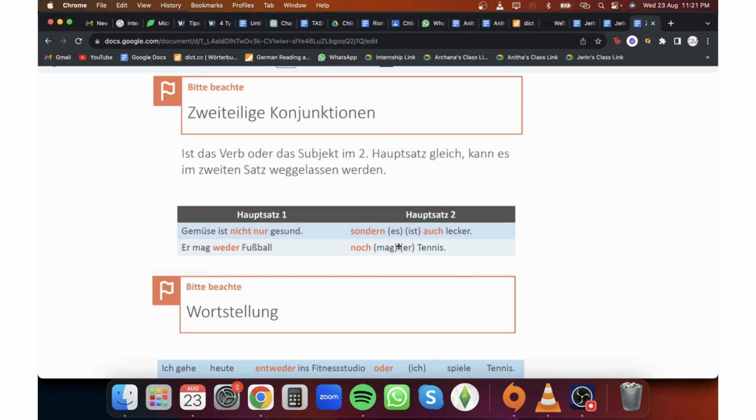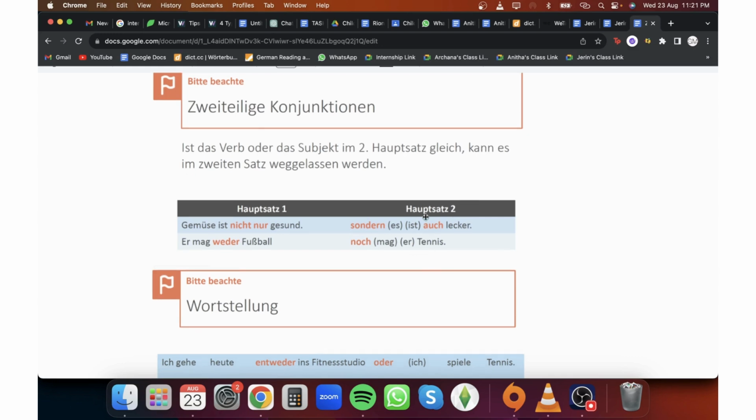But notice here the verb comes first and the subject comes second. So it's the opposite. Here the subject was coming first, verb second. And you have to learn these. It's not like, we are writing them in brackets, we don't need to write them, so we're not going to learn it. You have to learn it because sometimes in some sentences, if you don't speak with the subject and verb, just the sentence sounds very weird. So it's always better to learn, right? Memorize this, don't leave it out.